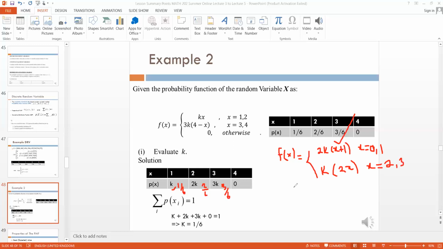Okay, so find k for me and write the probability distribution.